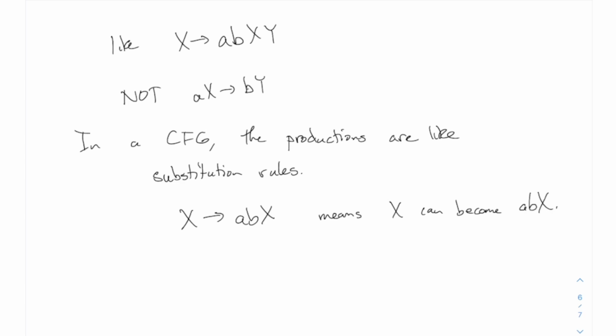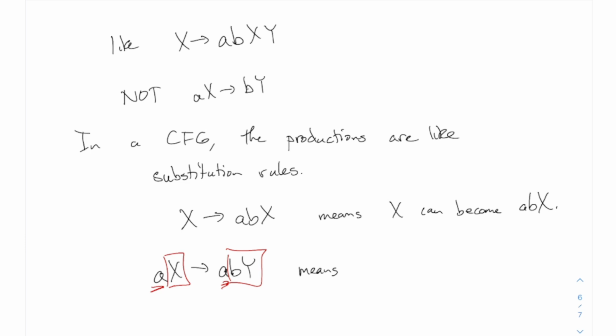That's what that means when you see a production like that in a grammar. Whereas in a non-context-free grammar, if you had something like aX goes to aby, what does that mean in terms of a substitution of X? If you look carefully at this, you could say this a is here and here. All we're doing in this production is changing the X into bY, right? But you can only do that if it's after a. That's what this rule means. If the X comes after a, then you can turn the X into bY.